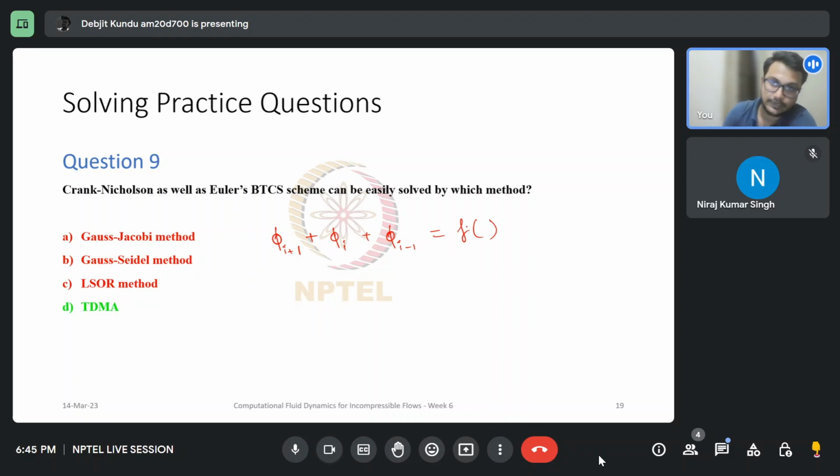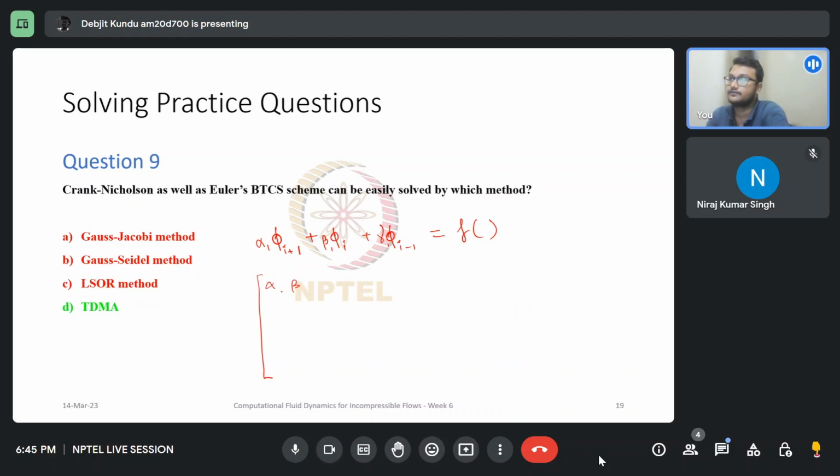It would be different for the two different schemes, and we will have coefficients like alpha, beta, and gamma over here. And this would be the generic form of the discretized equation. So now, if I take all points and write them down, so let's say I'll take alpha 1, beta 1, and gamma 1 like this.